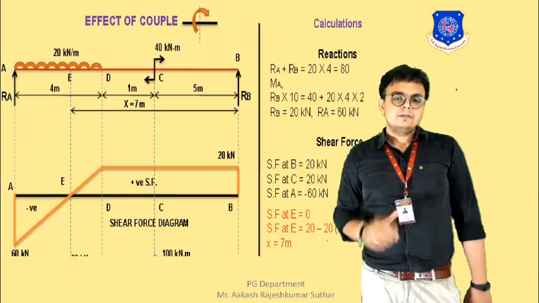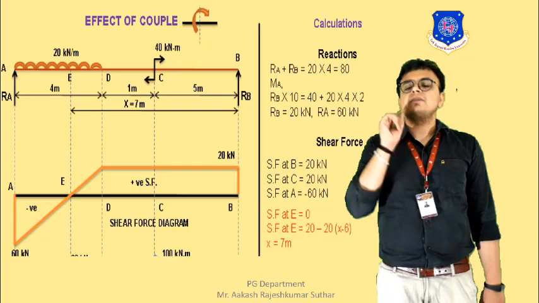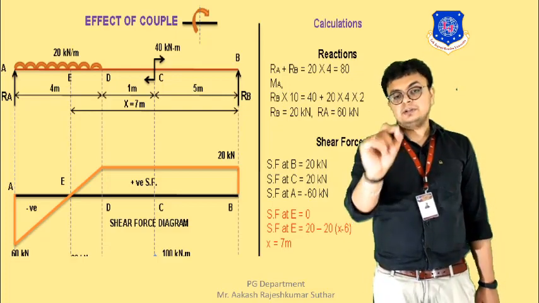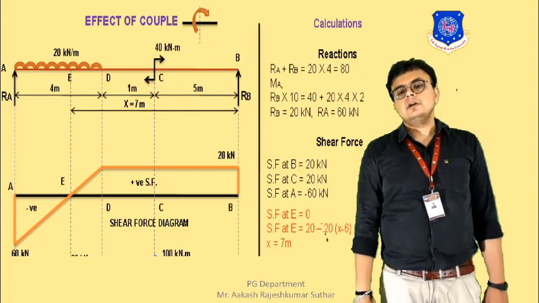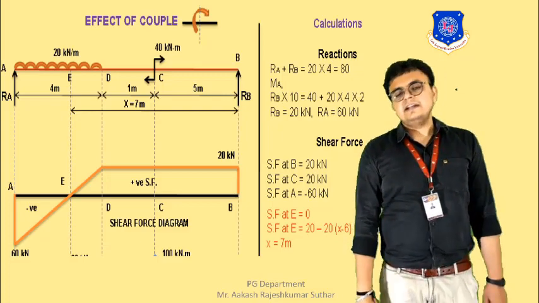And from this, the idea has come to your mind that at this particular point, 7 meter from B, there will be a maximum bending. Okay. So let's find the bending moments.